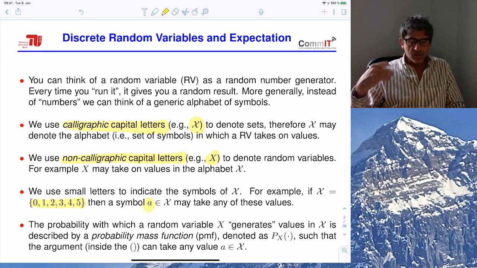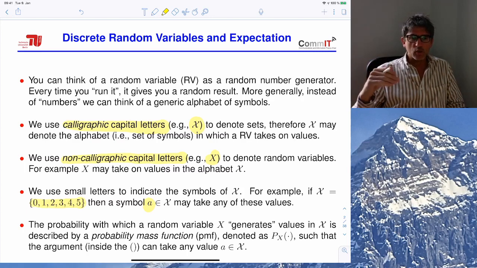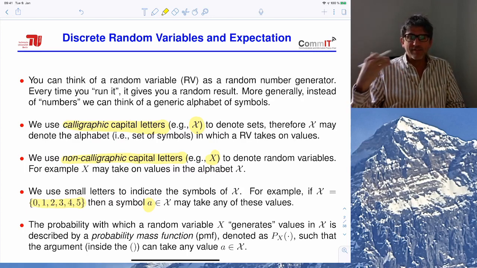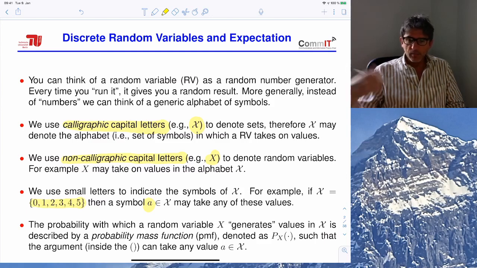And then basically you can say the random variable responds to a sort of random event, like flipping a coin, and voila, gives you one of the symbols with a certain probability. Then you flip the coin again, and it gives you another symbol with a certain probability.